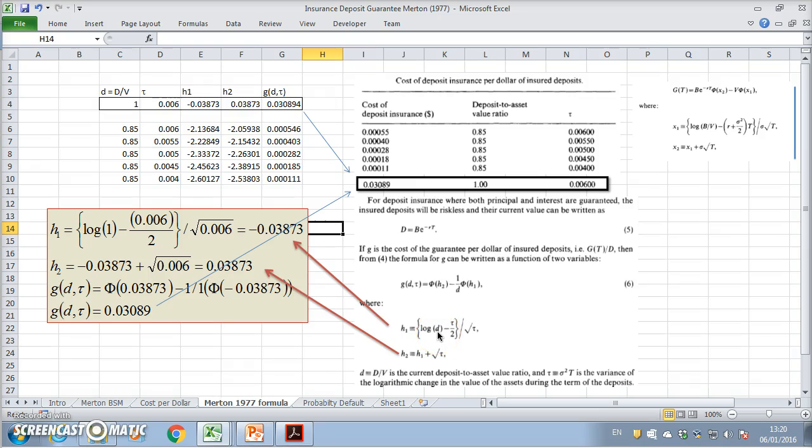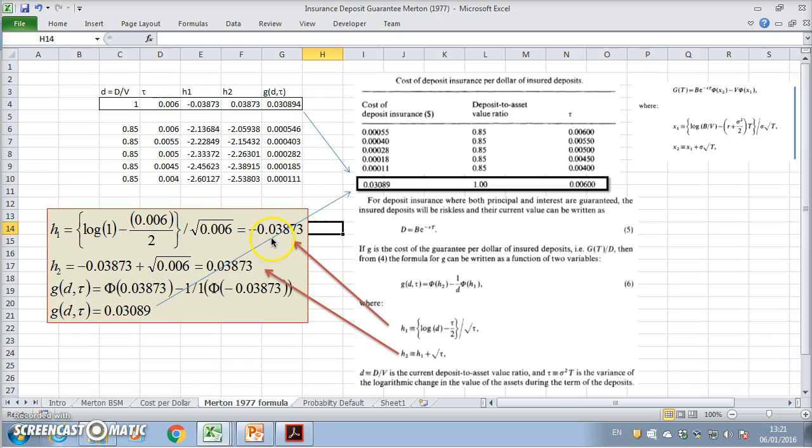Now d here is equivalent to d over v, and in this instance, when the deposits to assets is equal to 1, d is equal to 1 minus tau of 0.006 divided by 2 divided by the square root of tau.